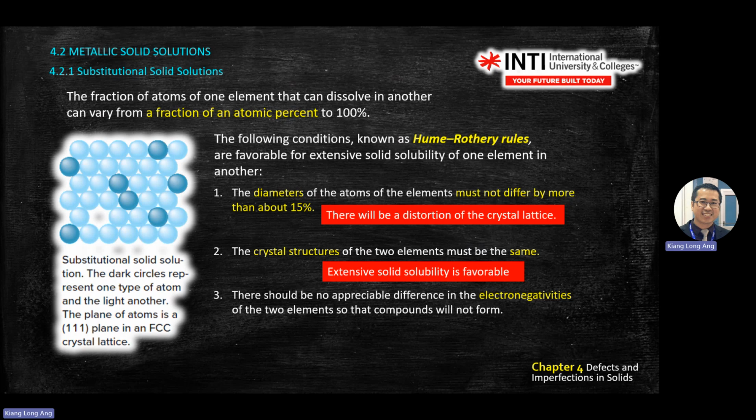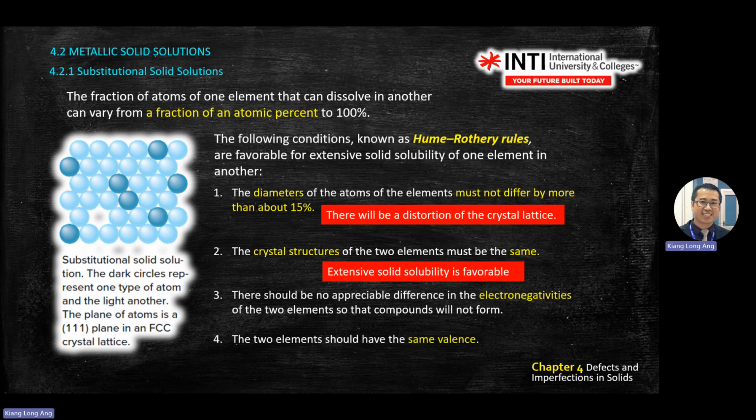If the energy is quite close, you're still safe. If the energy is quite far, then there's a reaction. So three criteria for Hume-Rothery rules: the diameter must be almost the same, within about 15%. The crystal structure must be the same, and the structures you already learned are BCC, FCC, and HCP. And electronegativity must be almost the same.